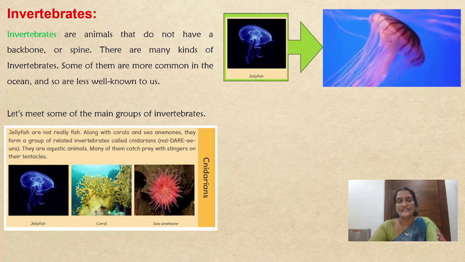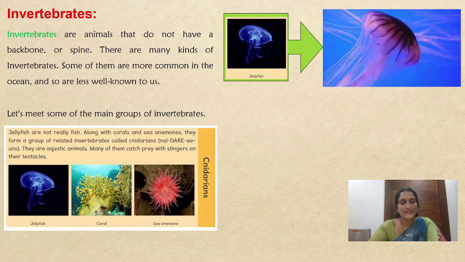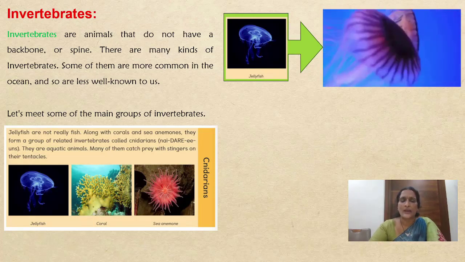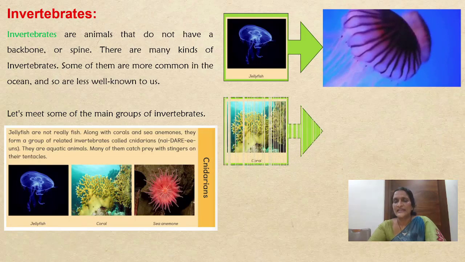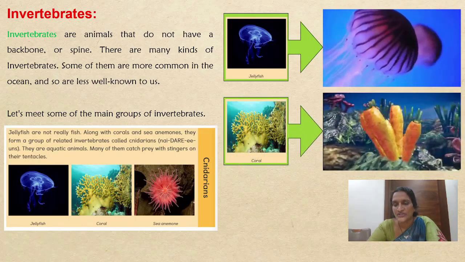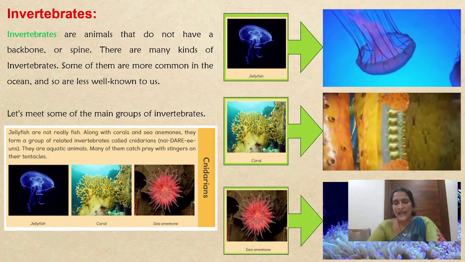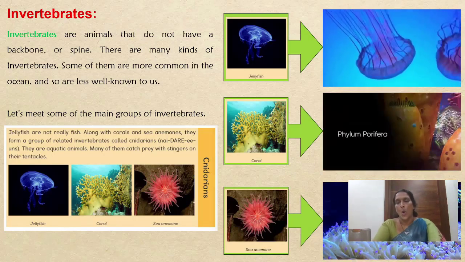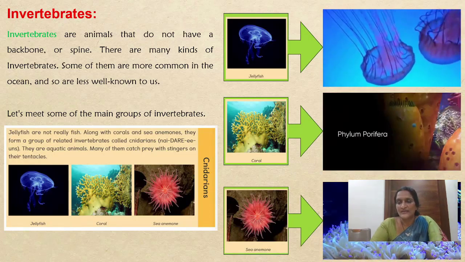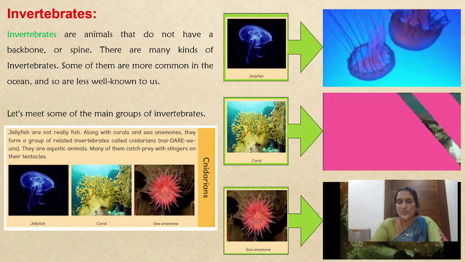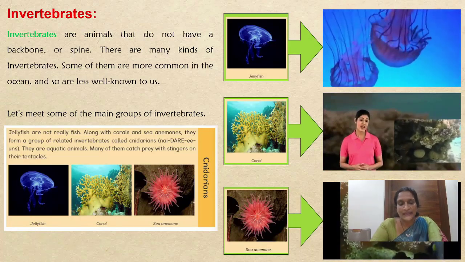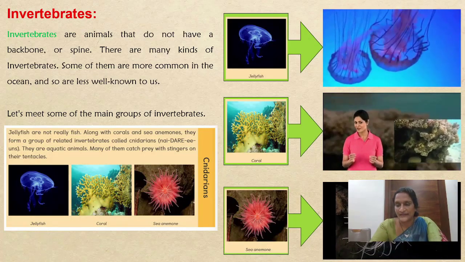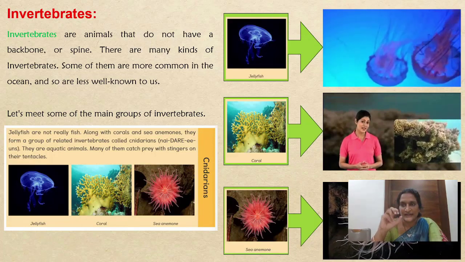See, this is jellyfish. These are purely aquatic. They live in sea water. These are sponges. And this is sea anemone. They have tentacles, like finger-like tentacles.